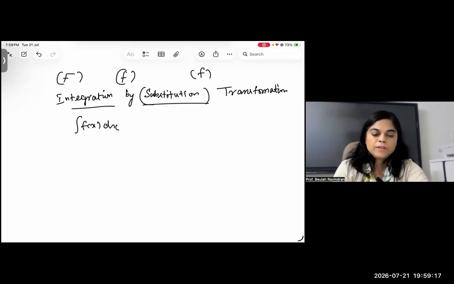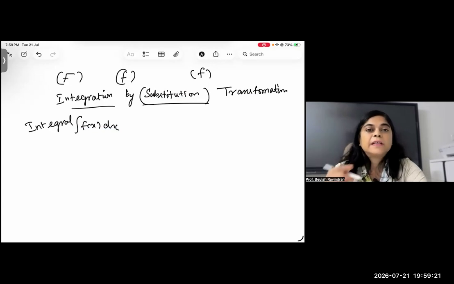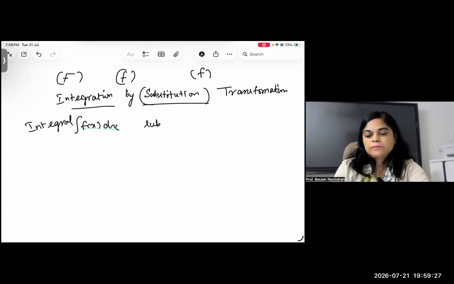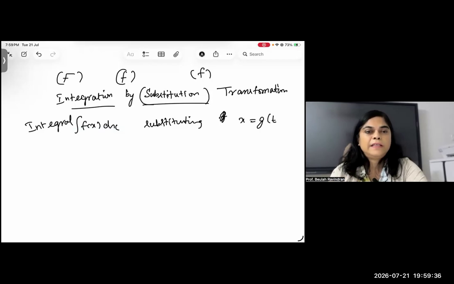This integral can be transformed into another form by changing the independent variable x to t, substituting x as g of t, some function in t.